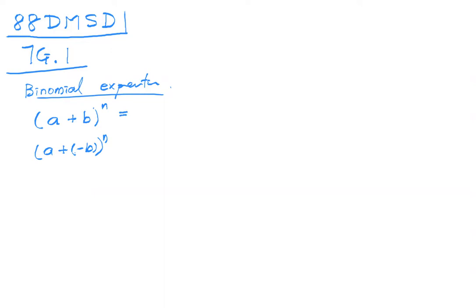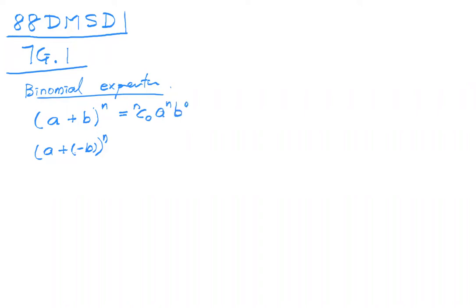So NC0, A to the power n, B to the power of 0.